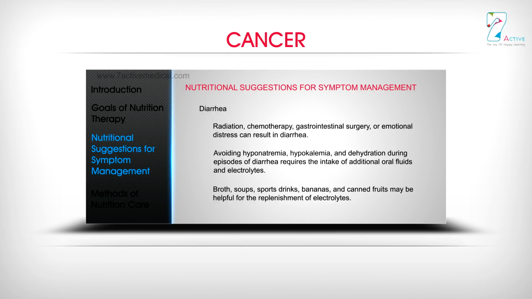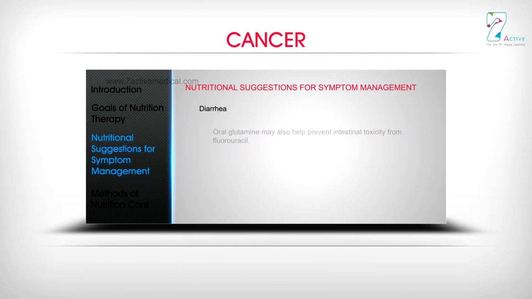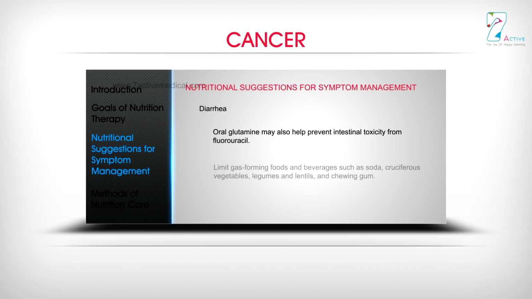Broth, soups, sports drinks, bananas, and canned fruits may be helpful for the replenishment of electrolytes. Oral glutamine may also help prevent intestinal toxicity from fluorouracil. Limit gas-forming foods and beverages such as soda, cruciferous vegetables, legumes and lentils, and chewing gum.